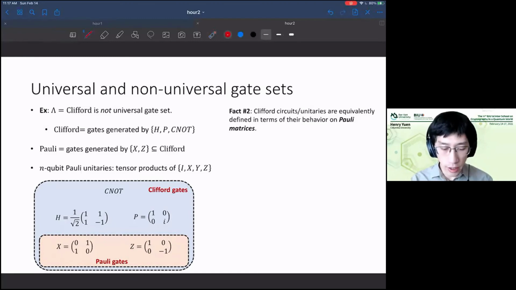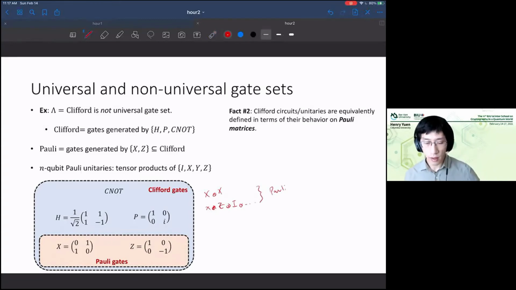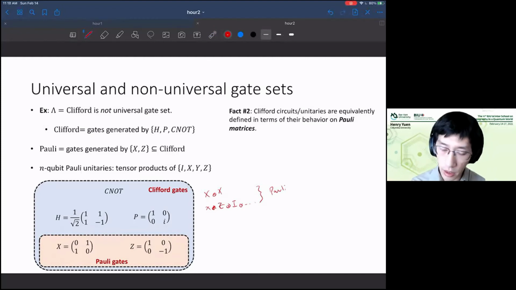You can consider tensor products of these Pauli matrices. So X and Z are single qubit unitaries, but if you have X tensor X or X tensor Z, or Z tensor identity, and so on, these are all called Pauli matrices. And the interaction between Clifford gates and these Pauli matrices is very nice, and it will be used.